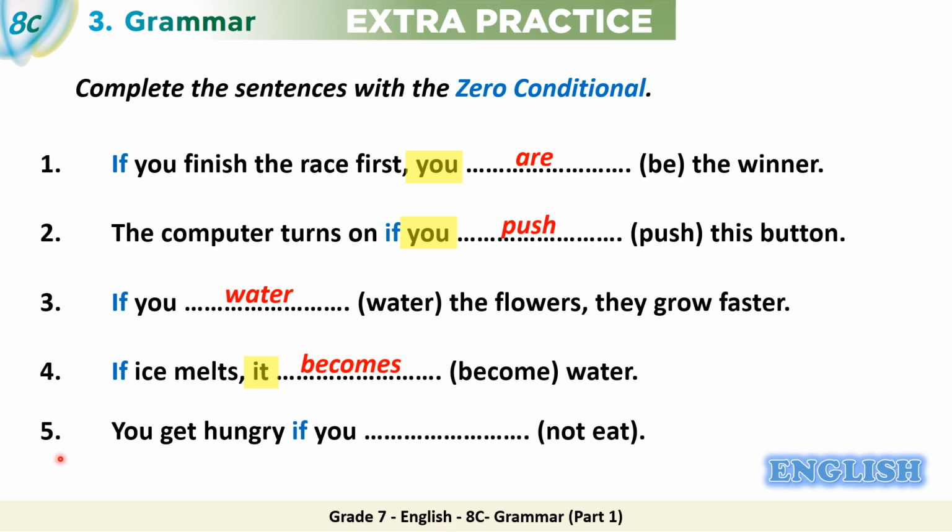How about number 5? You get hungry if you not eat. What is the correct answer here? That's correct. It is don't eat. This is the negative form of the present simple tense and the subject is you. Well done, everyone.